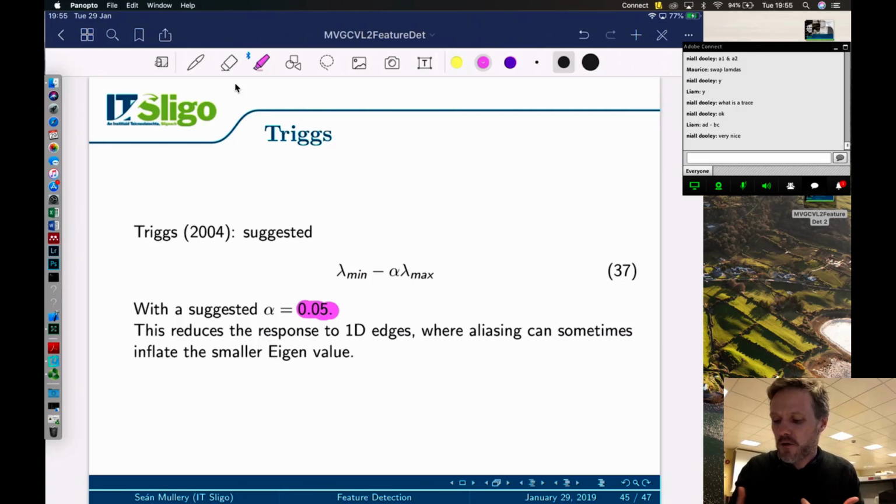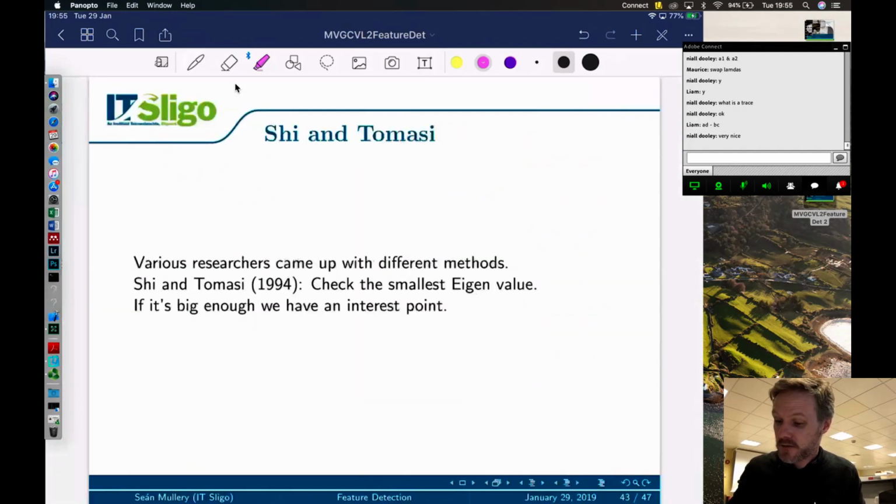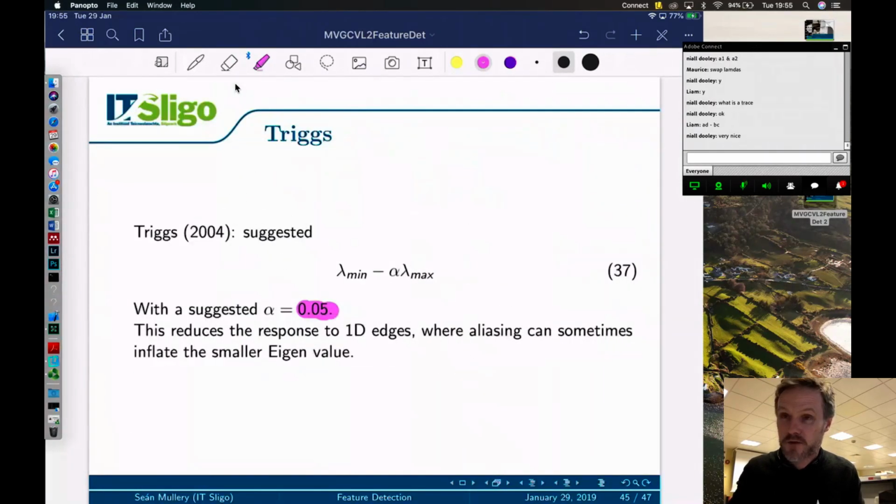And again, you can assume that there was a lot of trial and error going on here, and they played around with a lot of images. You can also see that this was 1988, this was 1994, and they had a bit more computational power, and this one, Triggs, was in 2004, so there are quite big gaps between these.